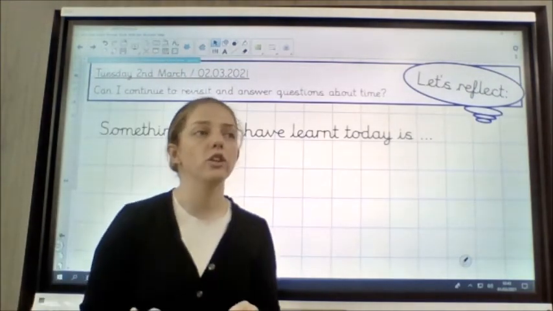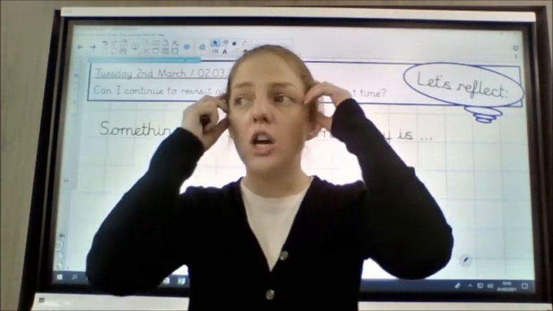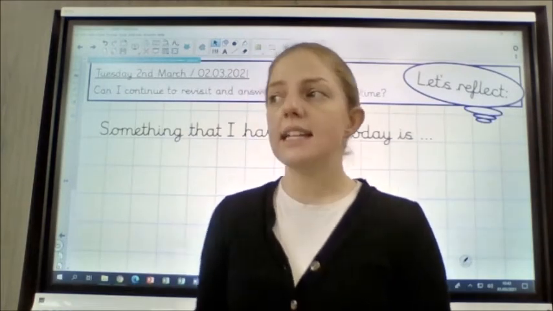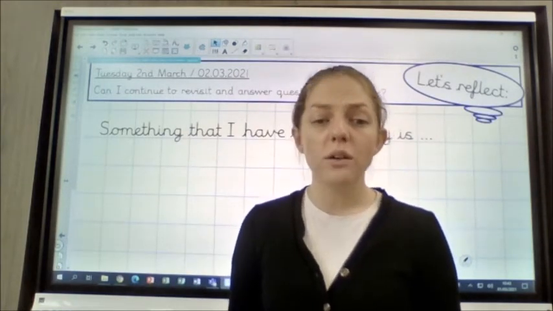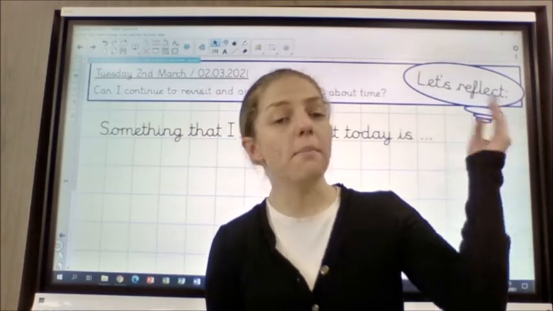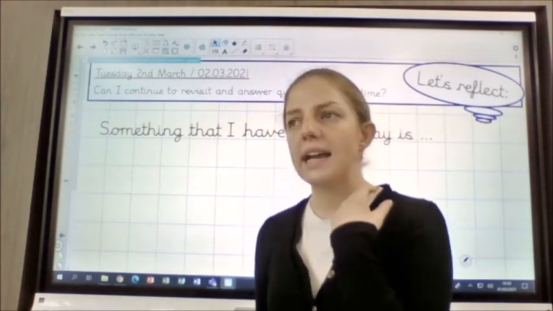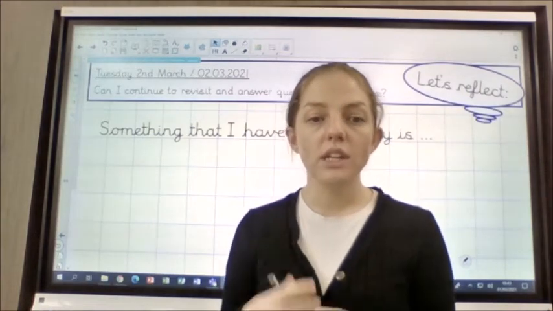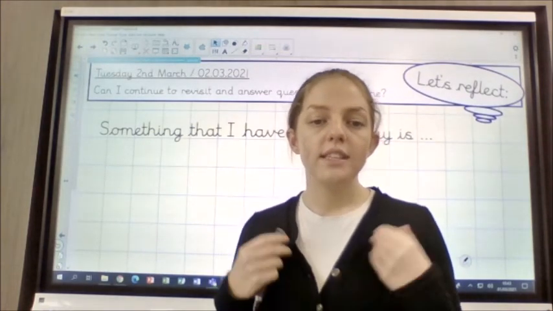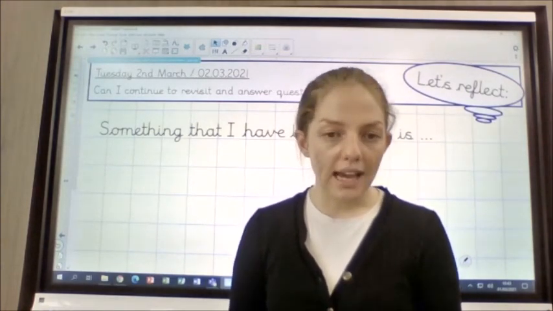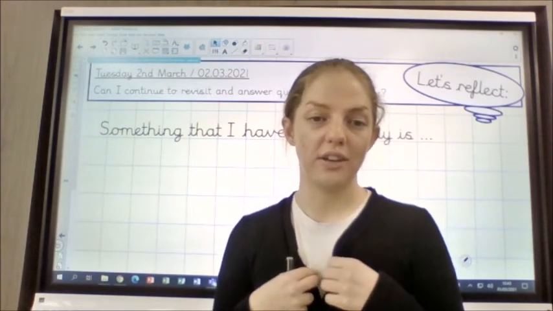Is it that you have learned to convert a 24-hour clock? Is it that you have learned how to count the minutes on a clock face? Or is it that you have learned how to write time digitally? What is it that you have done today that you would like to write down or reflect on, okay?